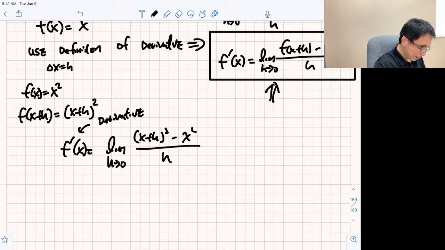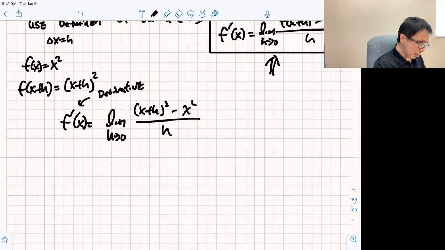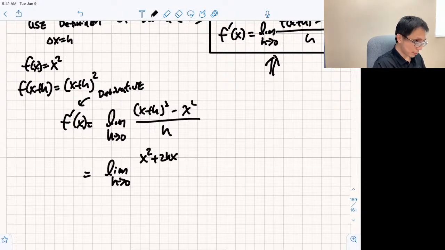Does that make sense? And what you're going to do is you're going to say, okay, I'm going to do this. So I'm going to say the limit as h approaches 0 will be x squared plus 2hx, because you expand the middle part, plus h squared, because most people thought that the square is going to bring in. No, it's not.